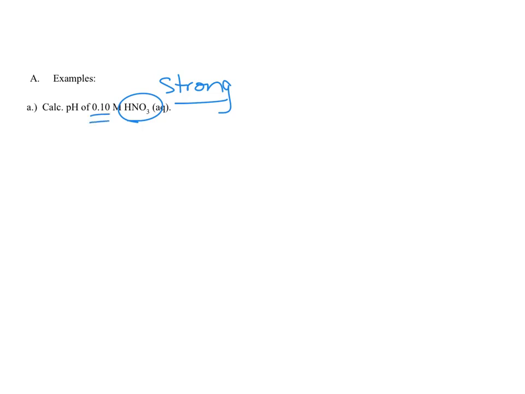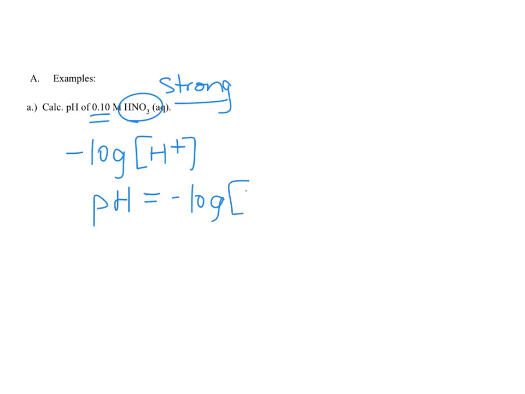Remember, if I know the concentration of a strong acid, that is also going to be the concentration of my hydrogen ions. So all I have to do here, if I know it's a strong acid and there's only 1 hydrogen, is take the negative log of that number, which is 0.1, which gives me a pH of 1, which is acidic. We know that anything less than 7 is an acidic solution.